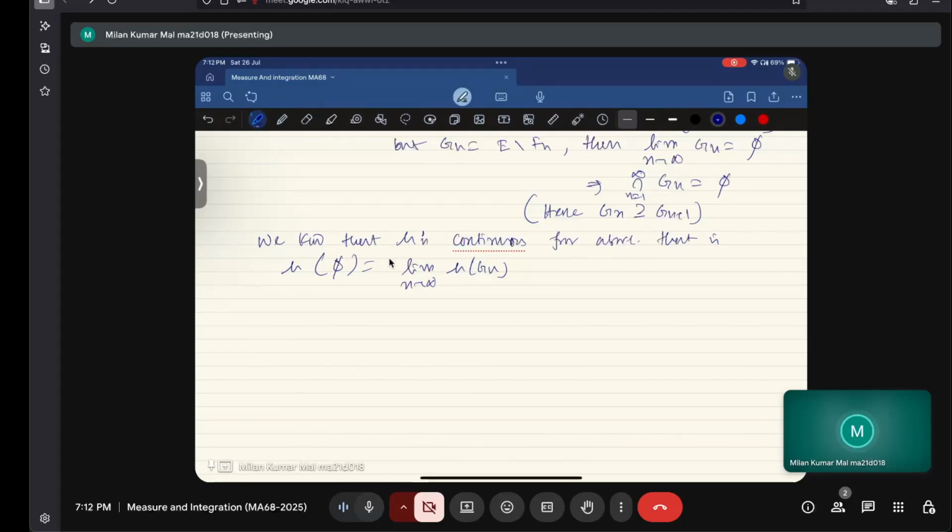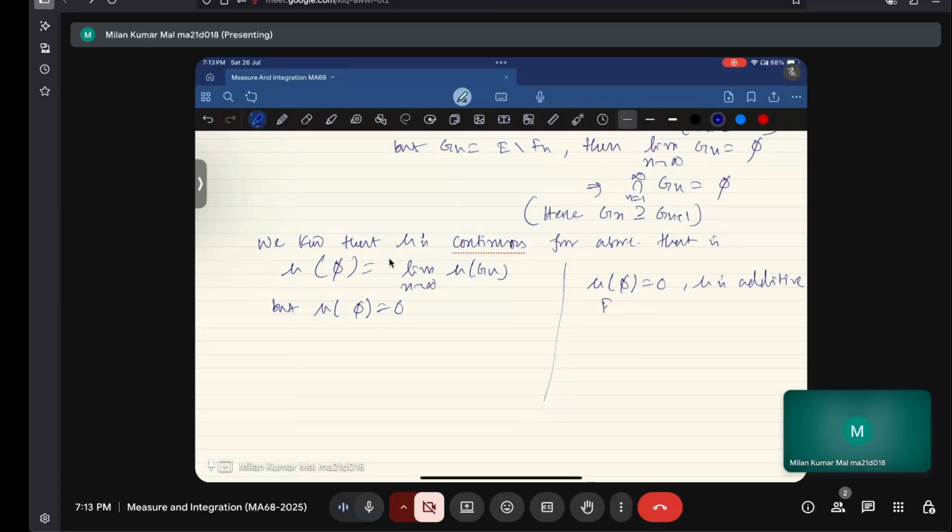But mu of the empty set is equal to 0. That I have not shown. Why is mu of the empty set 0? Because mu is additive.